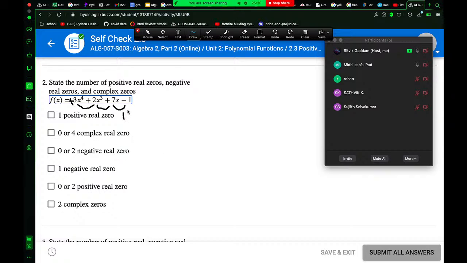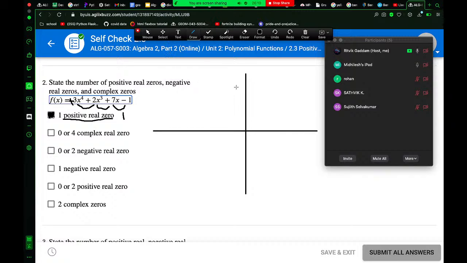So however many sign changes you have for the given equation, that's how many positive real zeros you're going to have. A zero is where the graph intersects the x-axis. So it's basically like the x-intercept.